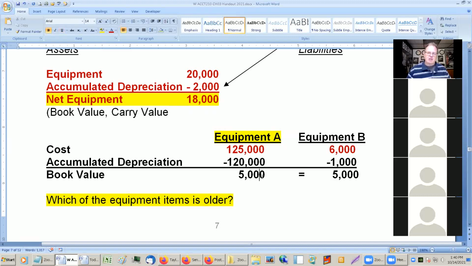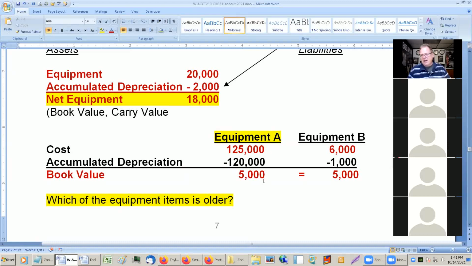So that's why we keep this accumulated depreciation. If you just kept writing it off from the same account, you would say these two are almost identical, right? Their value would be identical, whereas in reality, one is probably much more sophisticated and expensive.